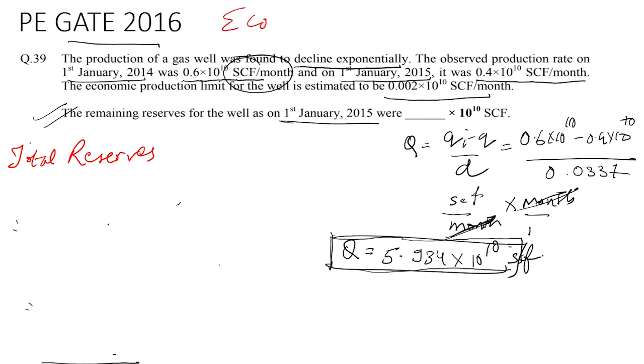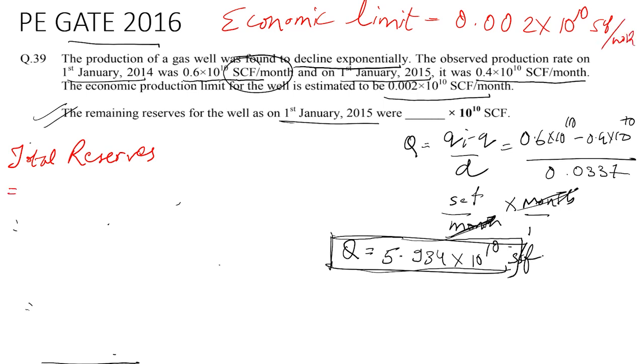The economic limit over here is given as 0.002 into 10 to power 10 SCF per month. Now to find the total reserves, we have to take Qi, that is the flow rate as of 2014, minus the economic limit flow rate, divided by the decline rate. Very simple.